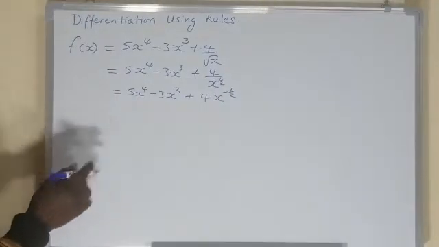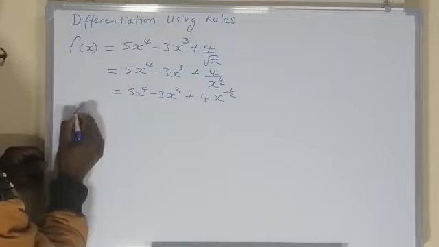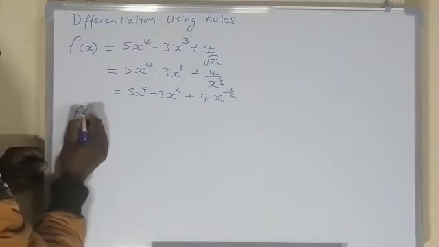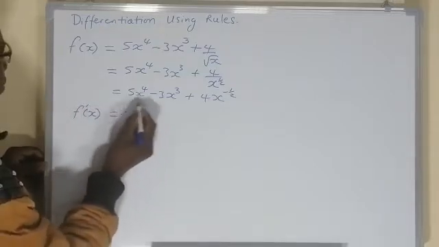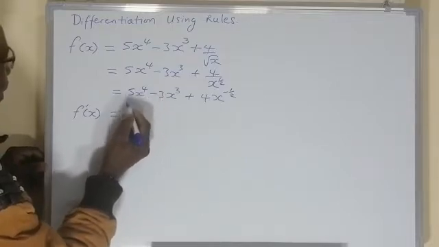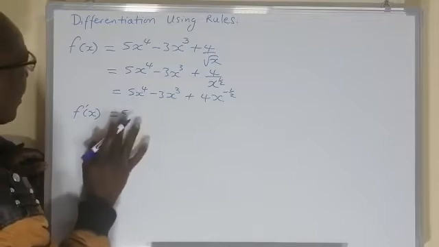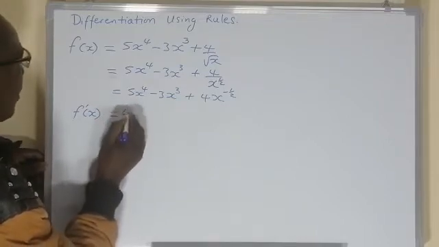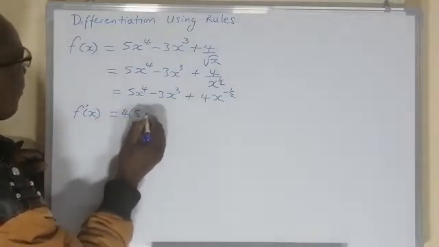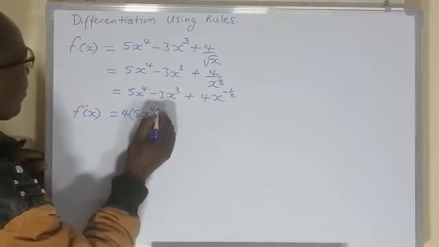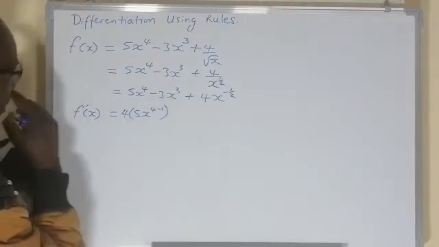The expression is ready for differentiation, so we say f prime of x is equal to 4 times 5, or we can do it this way. The best is 4 outside, then 5x to the power 4, and we subtract 1 from this.